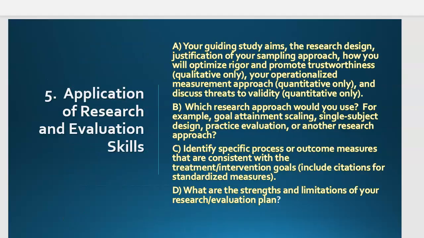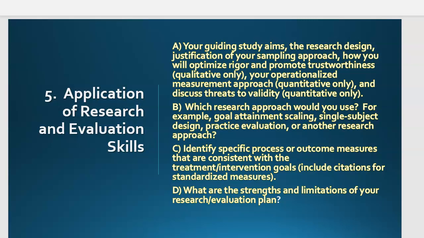So this is the actual content that you're going to document in Section 5, Application of Research and Evaluation Skills. A, you're going to identify your guiding study aims, the research design, the justification of your sampling approach. So, for example, who are you going to use in order to gather your data?